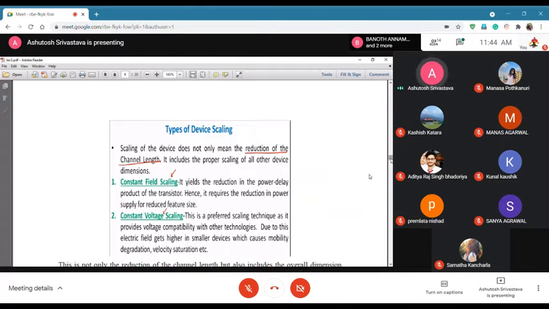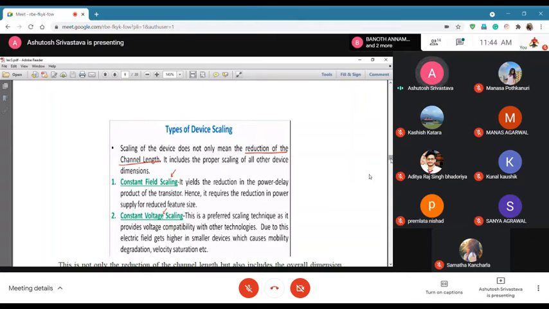Due to this, the electric field gets higher in smaller devices, which causes the mobility degradation and the velocity saturation. So nowadays, it is a mixed bag of two, that is constant field scaling along with constant voltage scaling.